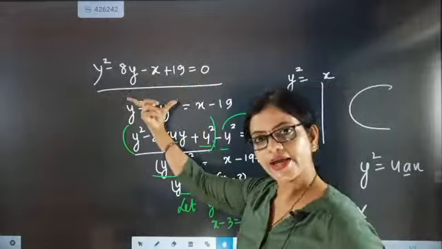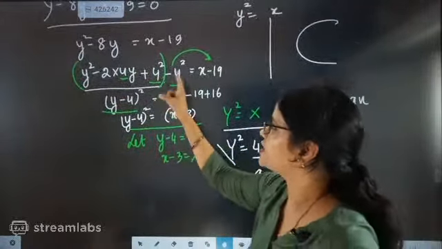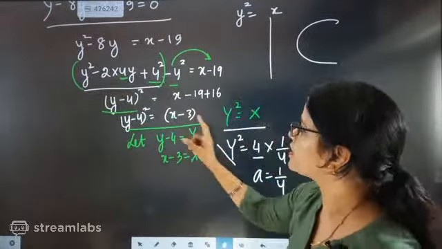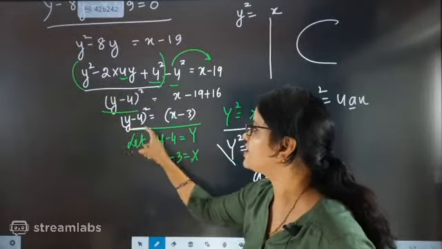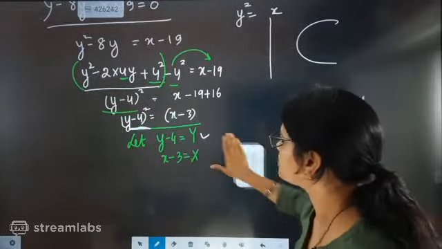General equation taken. After taking the general equation, added 4 square, subtracted 4 square, converted into standard equation. After converting it into standard equation, whatever section came, we have taken that equal to capital Y. Okay, now I am going to write in a systematic way.